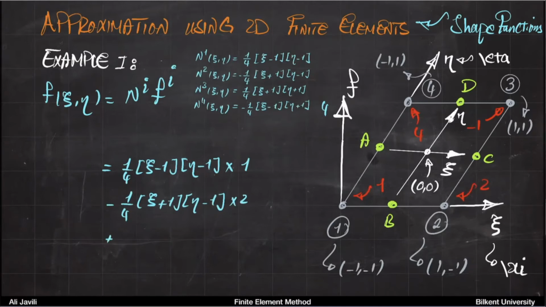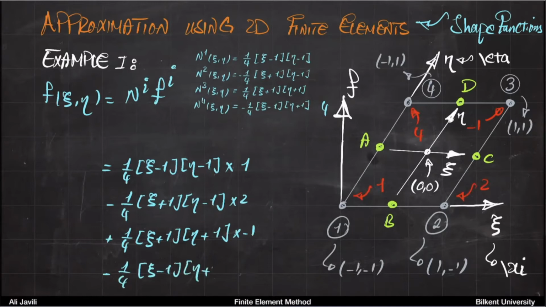And then you have plus 1 over 4 times (ξ plus 1) times (η plus 1) times the value at point 3, and eventually minus 1 over 4 times (ξ minus 1) times (η plus 1) times the value at point 4.